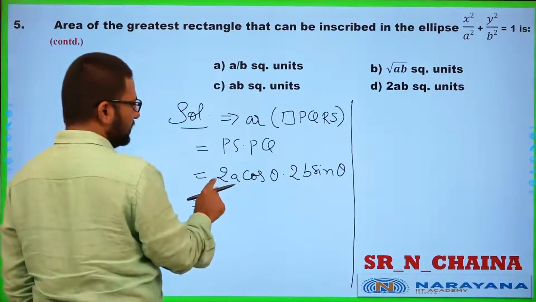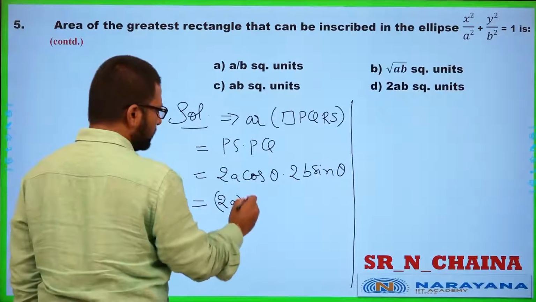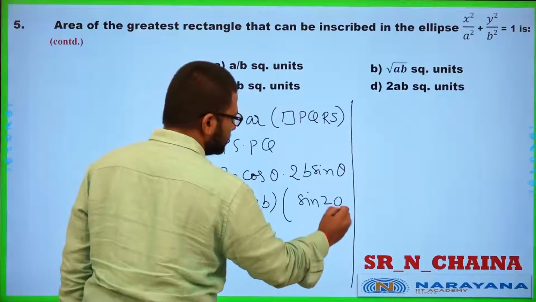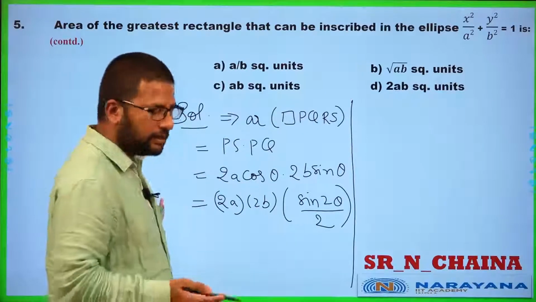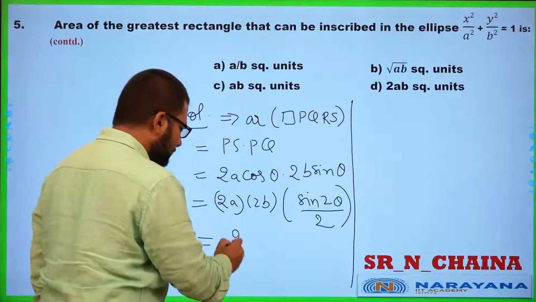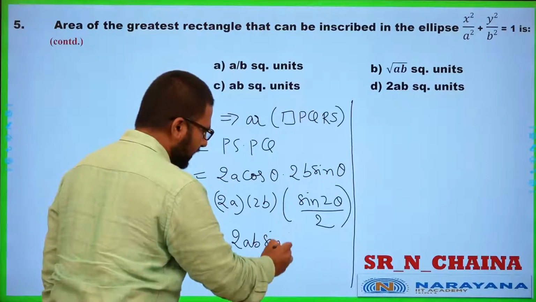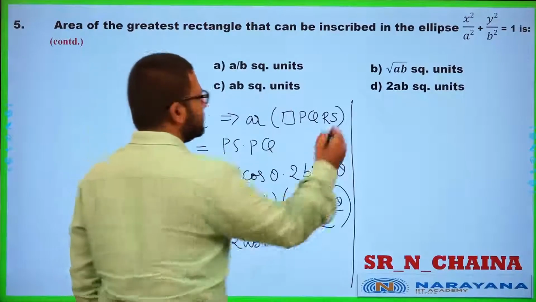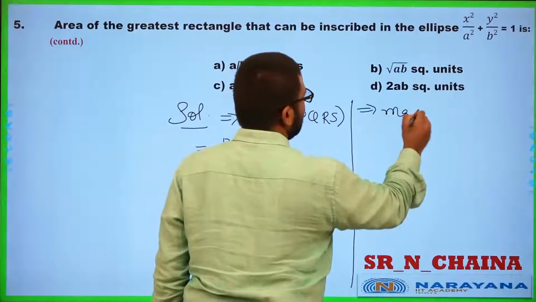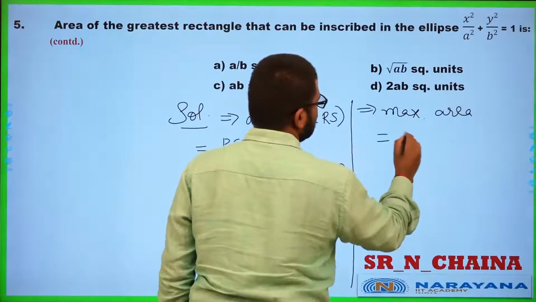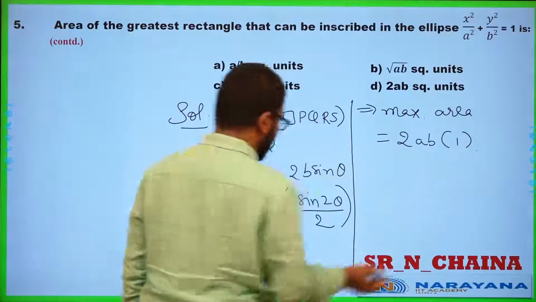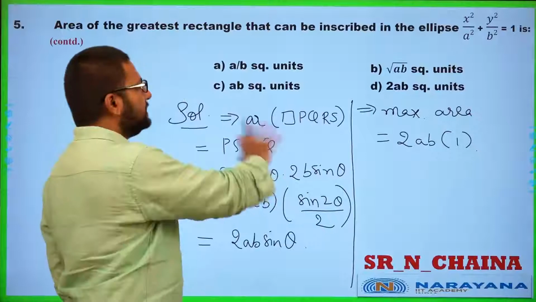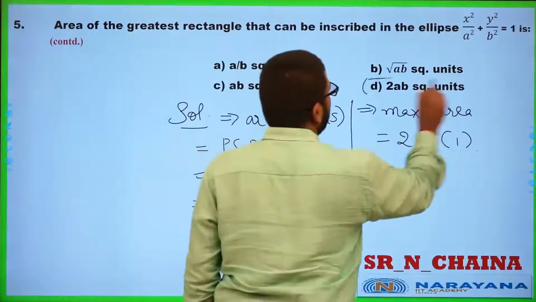You see, we have 2a, 2b and sin theta into cos theta can be written as sin 2 theta by 2. Cancel 2, 2. You are left with 2ab sin 2 theta. Can you see now? What is the maximum area? Maximum area would simply be 2ab into 1, because sin 2 theta's maximum is 1. You are already well versed with it. That's it. 2ab is your answer.